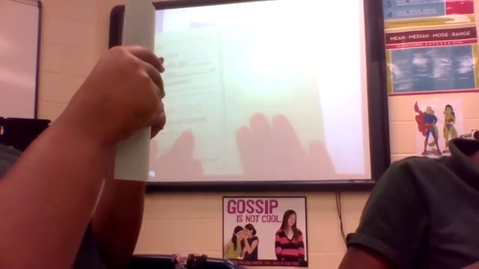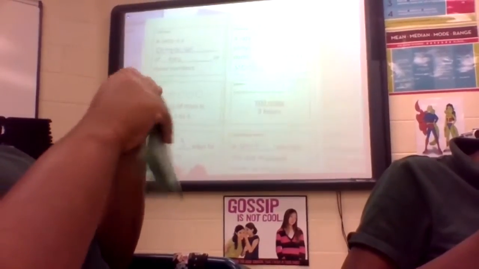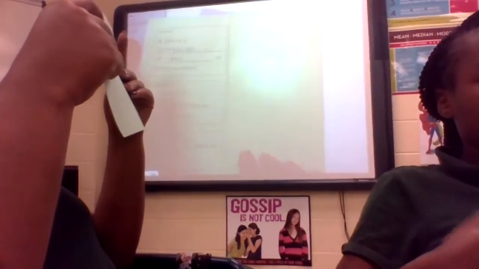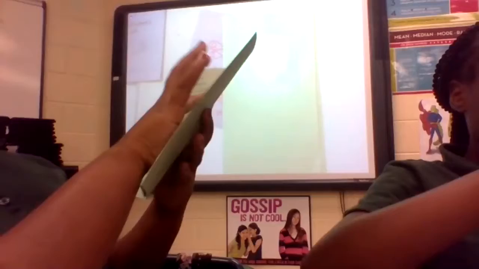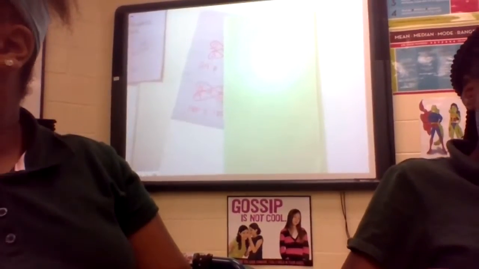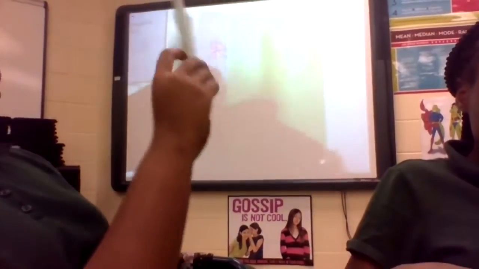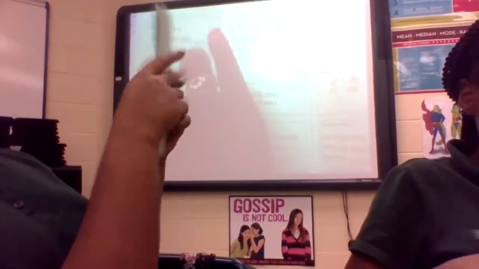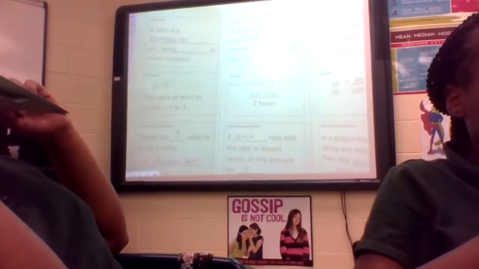Then fold the first part like that. When you open it up, it looks like a trifold, which is three parts.